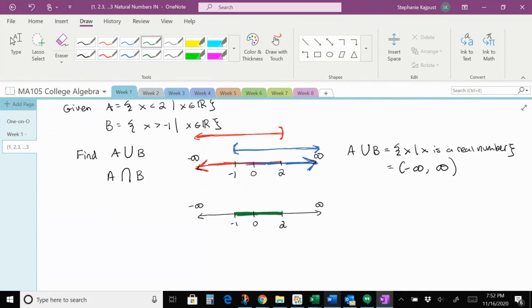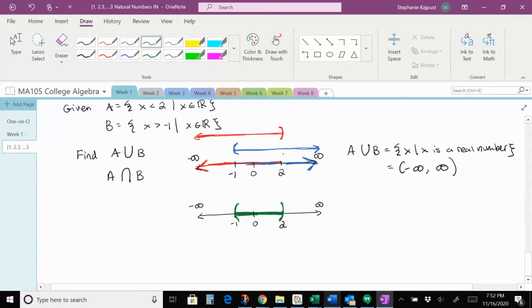And then you need to determine your endpoints. If you have a parenthesis at an endpoint, that always trumps the brackets when you're doing an intersection. So I'm going to use parentheses here. In this case, both sides were parentheses, so it kind of makes sense. My endpoints are going to be parentheses.